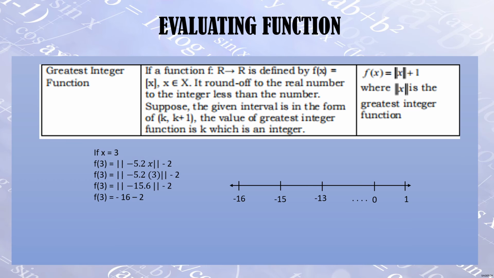Therefore, negative 15 is higher than negative 16. So, dahil mas mababa pala si negative 16, kaya siya yung kinuha natin. And then, therefore, we have now negative 16 minus 2, we get f of 3, or the value of our y is negative 18.